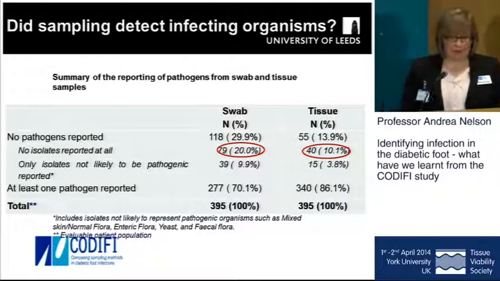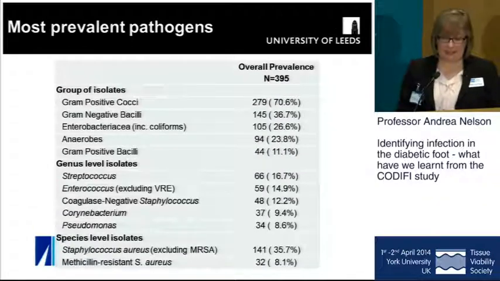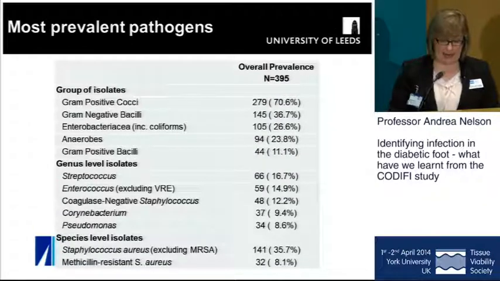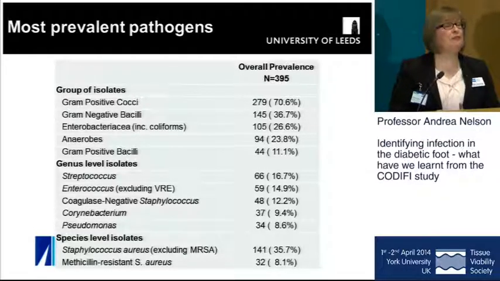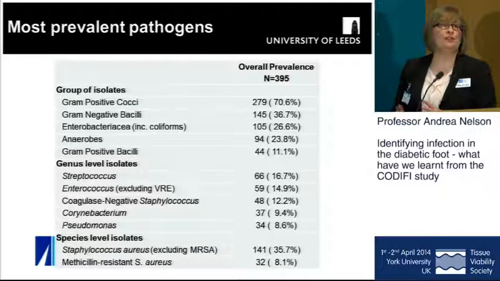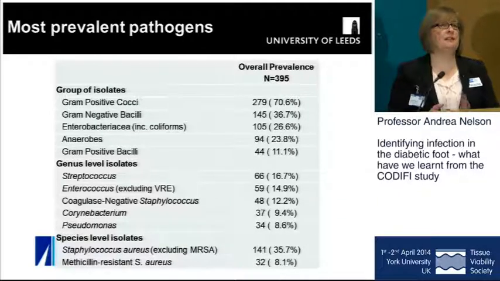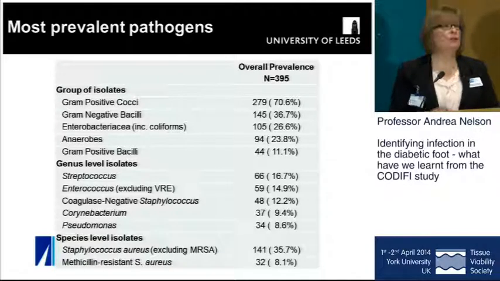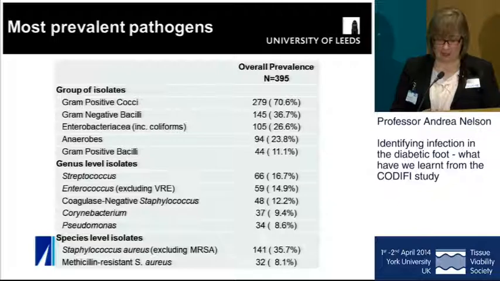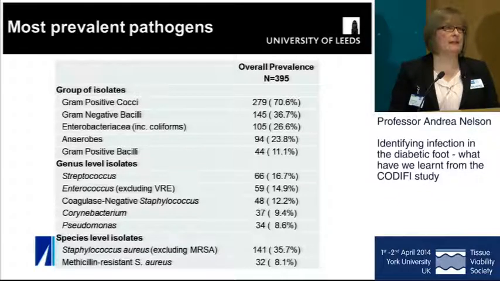So the most prevalent pathogens that we detected are listed here, and they're grouped in different ways reflecting the way in which the laboratory reported to the clinicians in either the diabetic foot clinic or the hospital ward or the community podiatry clinic what was in that wound.